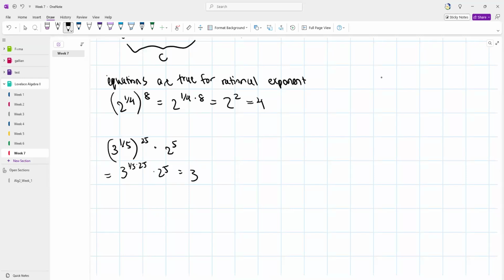So that's 3 to the power of 5 times 2 to the power of 5. And then you solve for 3 to the power of 5, and I believe that's 243. And then you solve for 2 to the power of 5, and that is 32. And then you multiply both the numbers together to get 7,776. Yeah, great. And I think that we got it too, so good job.